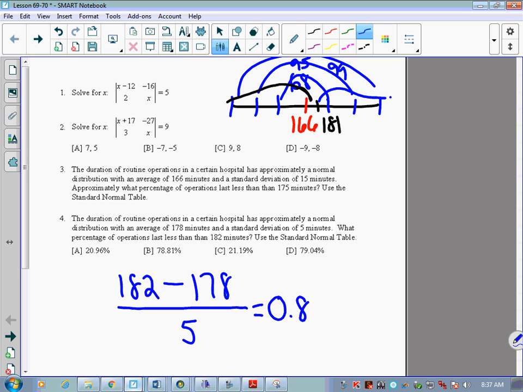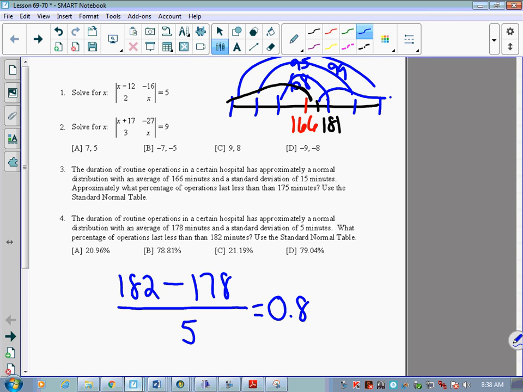0.8. Now, the mistake that I think a lot of people will end up making is skipping the z-score and taking this straight to a percent and saying, oh, well, that's 80%. In this particular case, it's not far off of that, but it's not that. So we need to go to our chart. We're going to find 0 down the left-hand side, and we need to find 0.8 across the top.